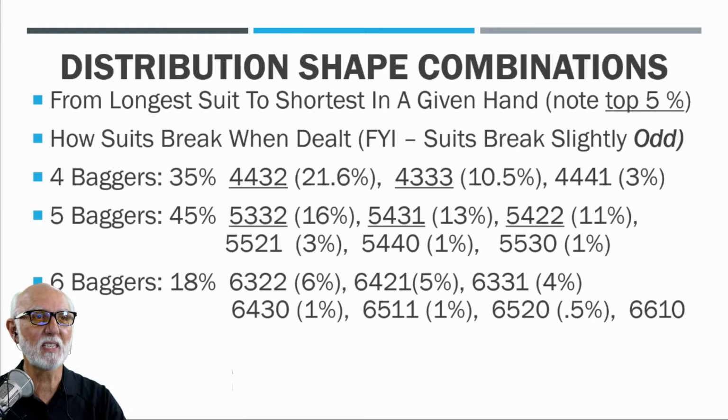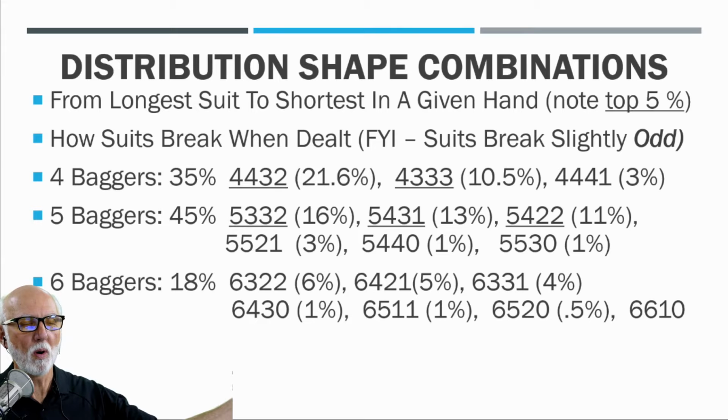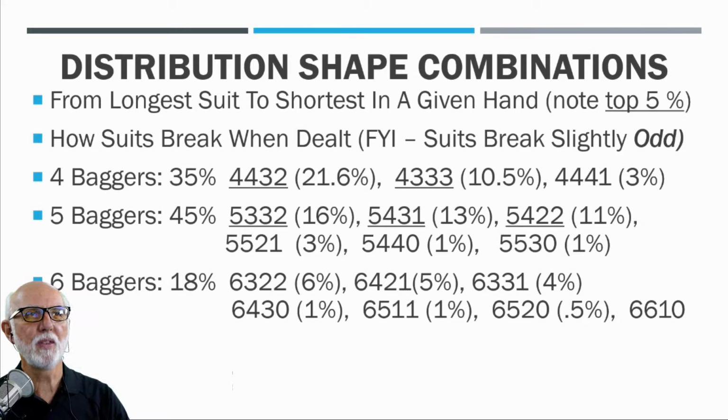And the ones with 6 in length, 18%. 6 and more, the 7 constitutes the rest, but you can see the 6-3-3-2 comes up more than the 6-4-3-1. And if I'm to declare, I'd always rather have a 6-4-2-1 than a 6-3-2-2. Or I'd really like to have a 6-5-2-0. It only comes up 0.5%.